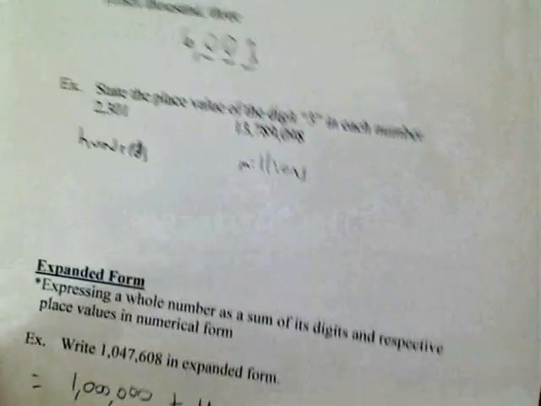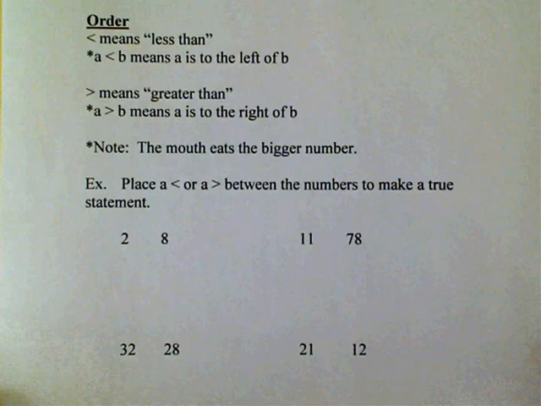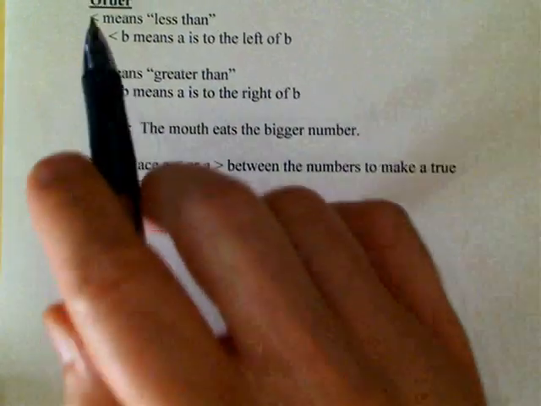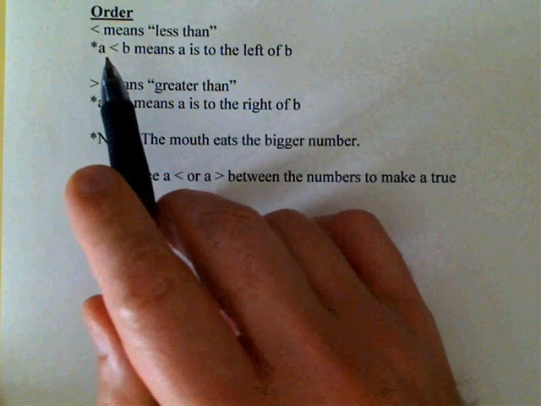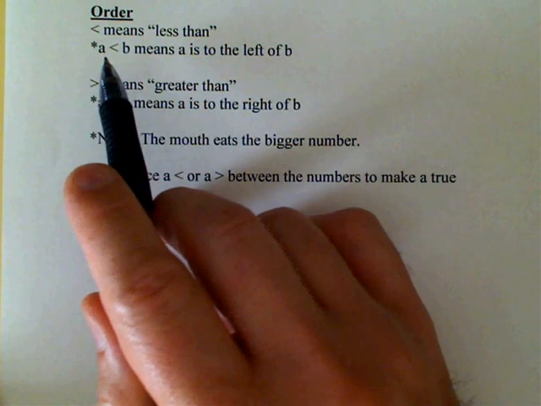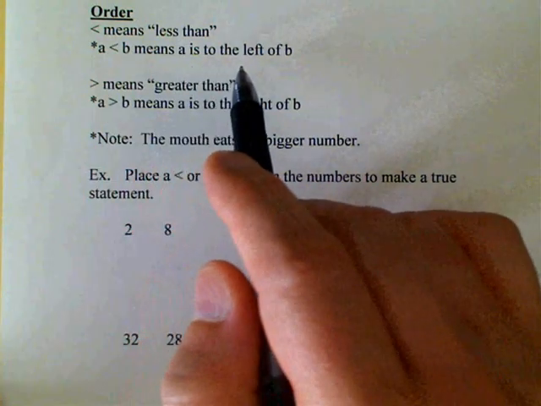And then the last topic we're going to talk about in this section is order. If you see this symbol, this is a less than symbol because it points to the left. What it means is, on a number line, A less than B means that A is to the left of B on a number line.